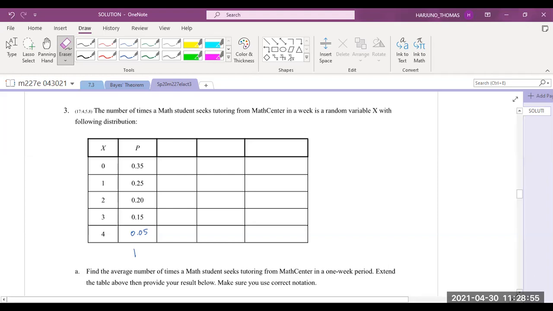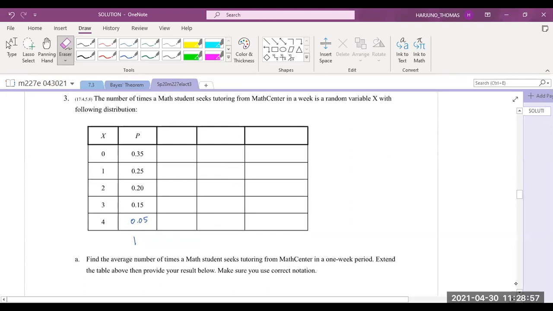Now, part A. Find the average number of times a math student seeks tutoring from Math Center on average in a 1-week period. Extend the table above, then provide your result below. Make sure you use correct notation. So to find the mean, I multiply p times x. This is 0, 0.25, 0.40, 0.45, 0.20.